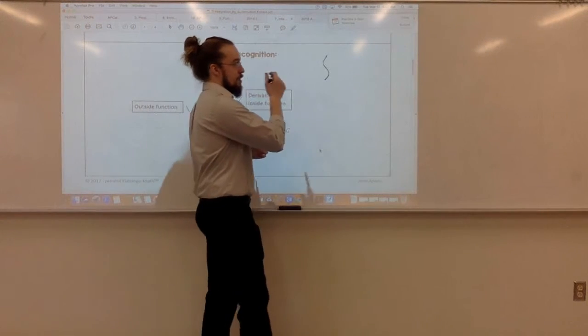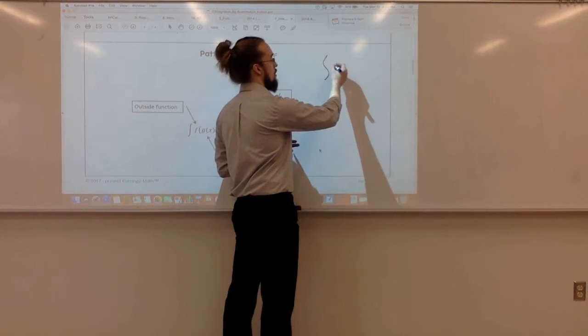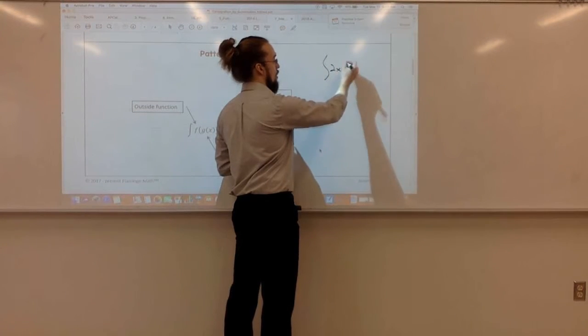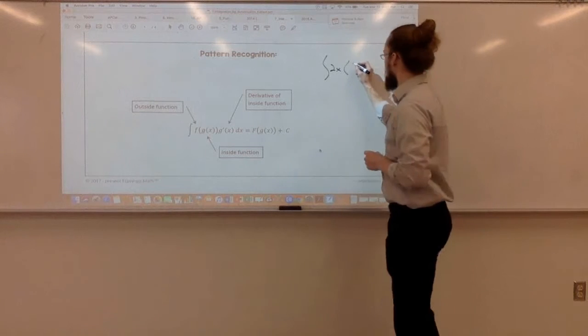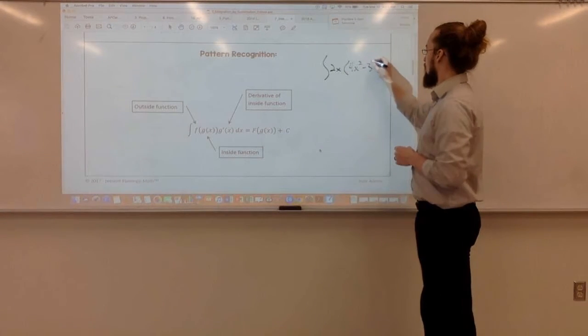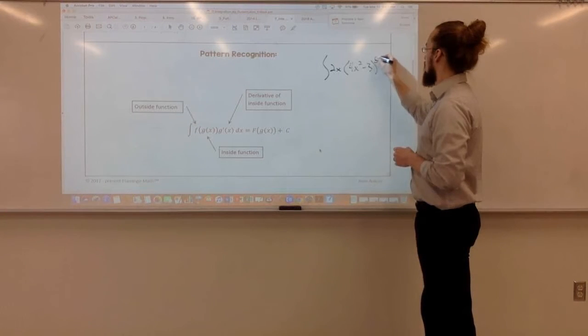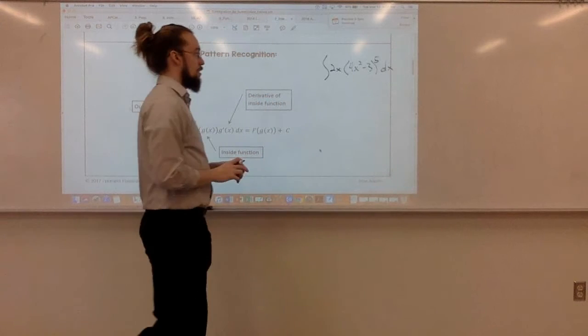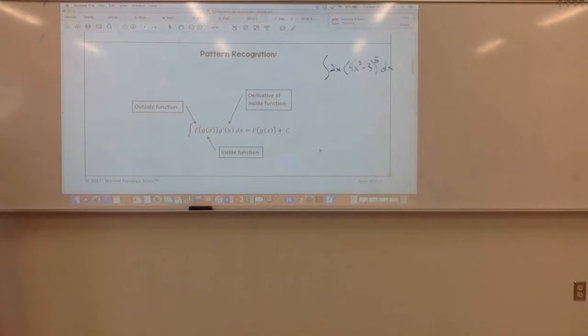How about x times 4x squared minus 3. Yeah, that'll work out. How about this? 2x times (4x squared minus 3) to the 5th power.